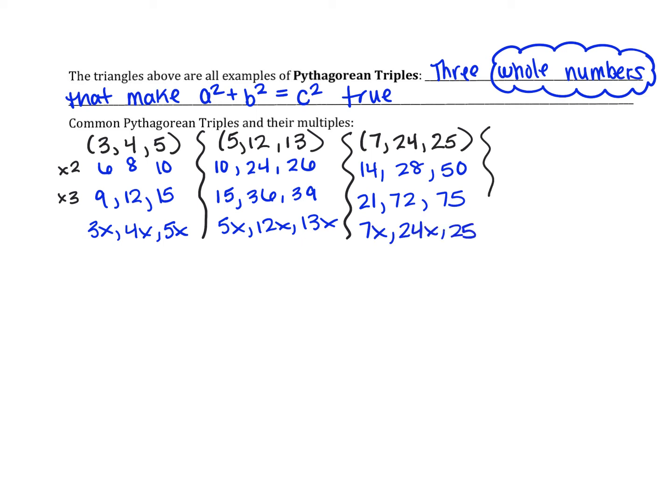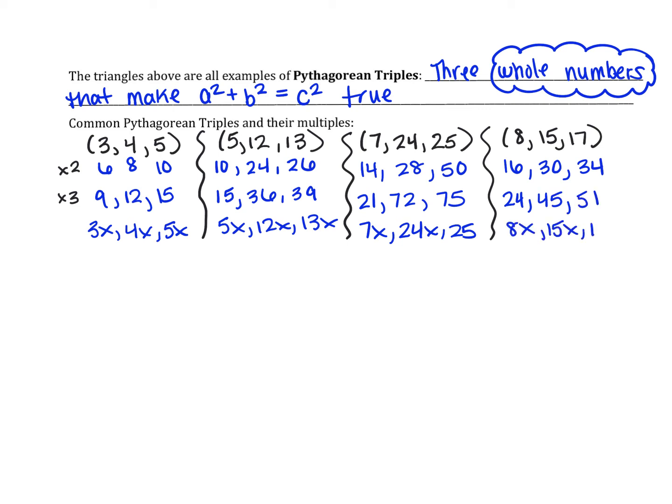Your last one, 8, 15, and 17. So if we multiply those by 2, we get 16, 30, 34, 24, 45, and 51. And then 8x, 15x, and 17x.